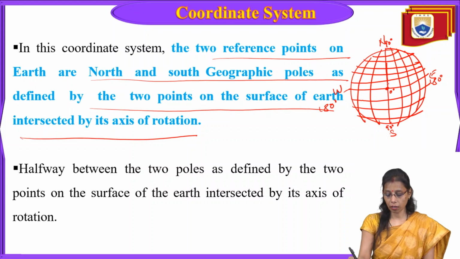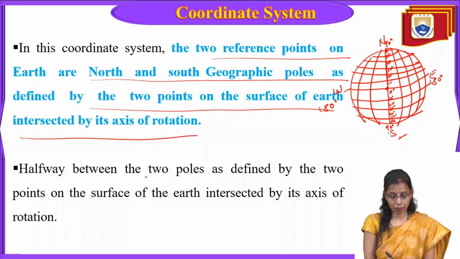So here 0, you have 10, 20, 30, 40, 50, 60, 70, up to 90 you have to go. So this is the north to south direction, and west to east direction. This is how it is represented.